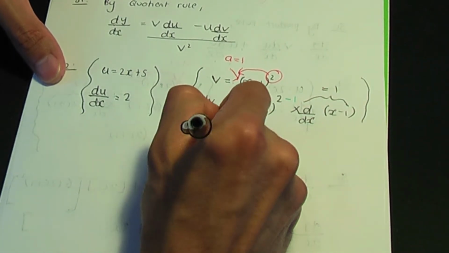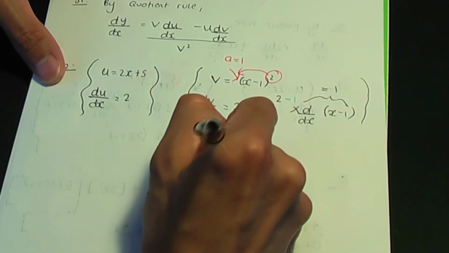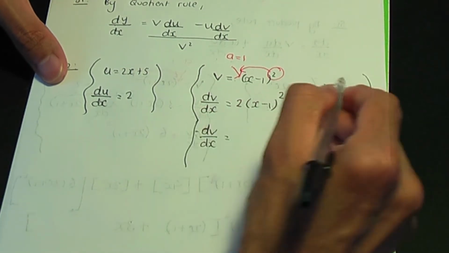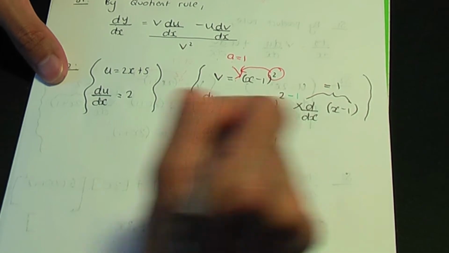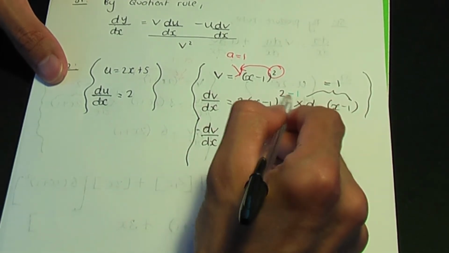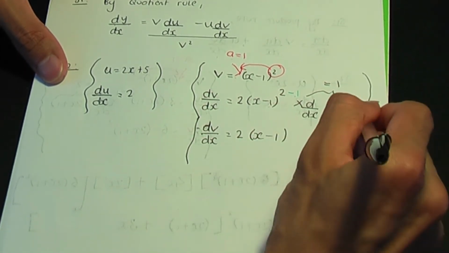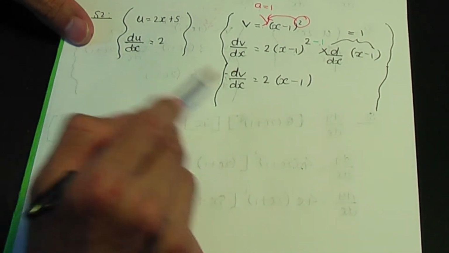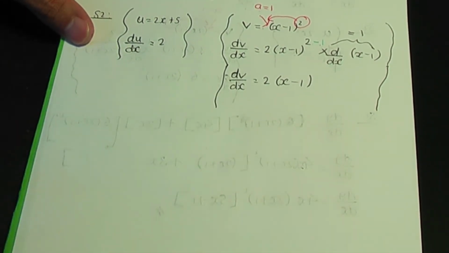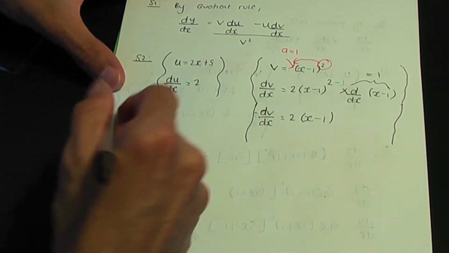So if we simplify, dv over dx will be 2 times the 1 is 2 into x minus 1, and 2 minus 1 is 1. Okay? So the side calculations are complete for dv over dx as well as du over dx.